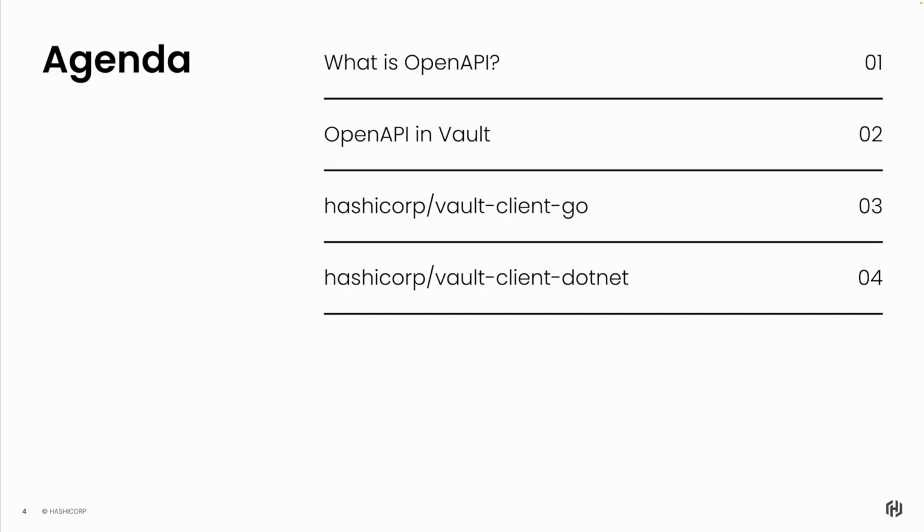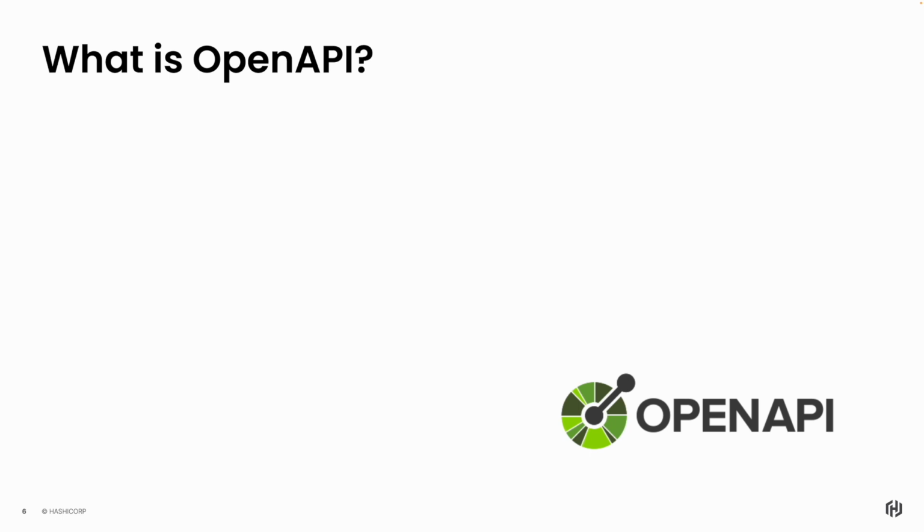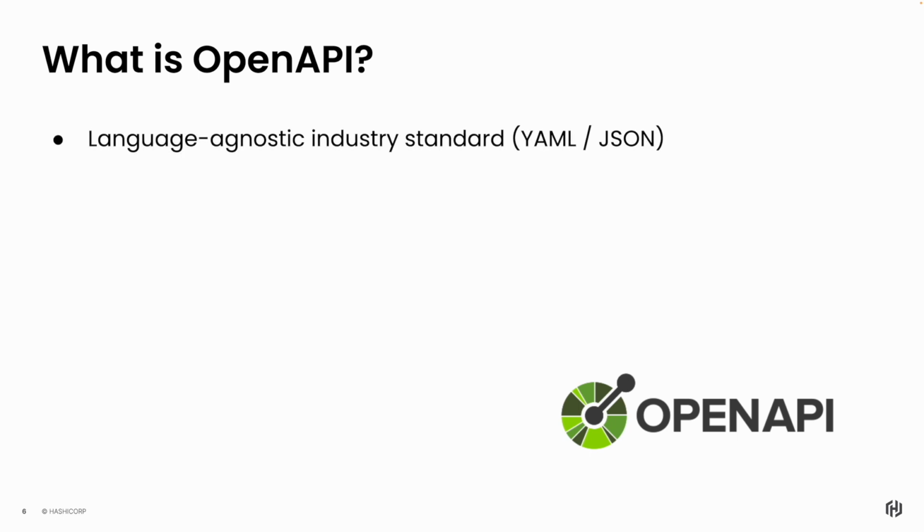All right, let's begin. So first, what is OpenAPI and why do we need it? OpenAPI specification is a language-agnostic industry standard for declaring and describing your RESTful APIs. It's a very simple YAML or JSON file that is readable by both machines and humans.